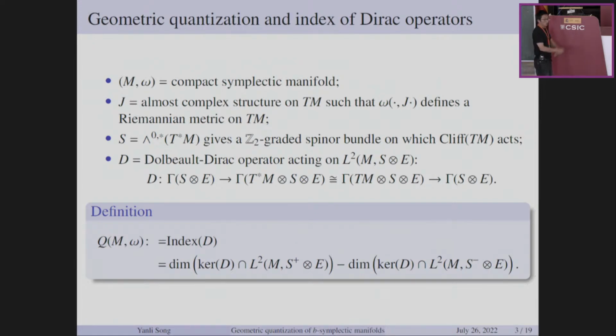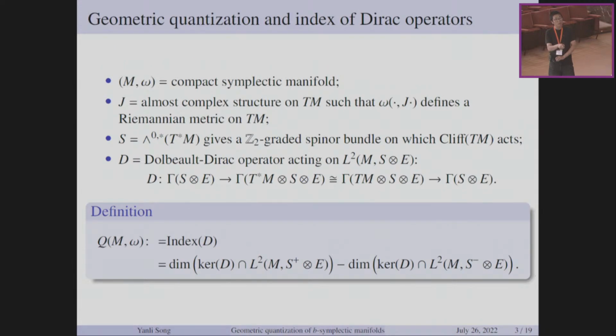Under this setting, using this bundle, we can define the spin-c Dirac operator on sections of E tensor S, where E is the pre-quantum line bundle determined by the symplectic two-form as before. We take a connection, which gives a section of the cotangent bundle tensored with E tensor S, and using the Riemannian metric, we identify the cotangent bundle with the tangent bundle.